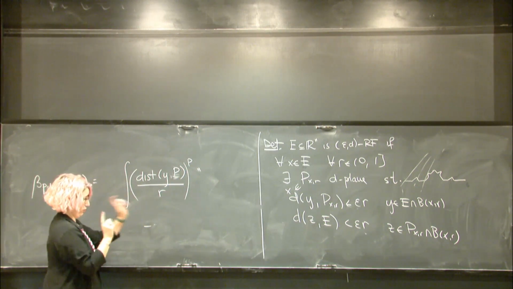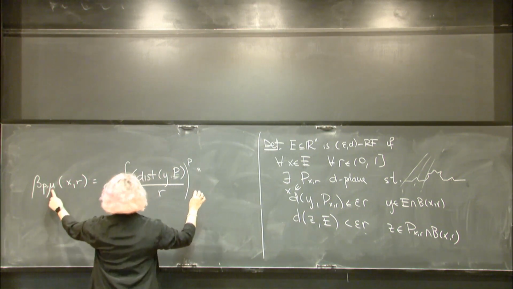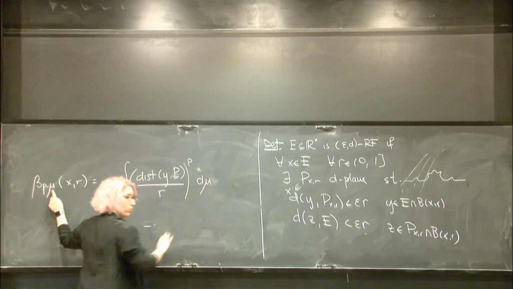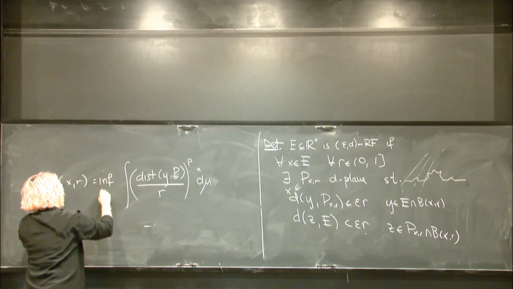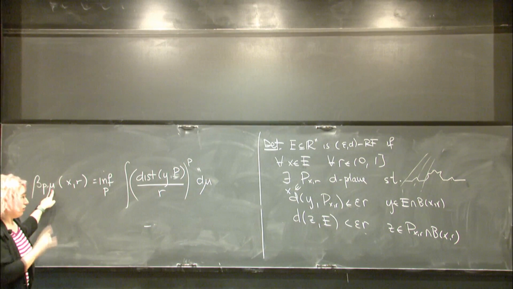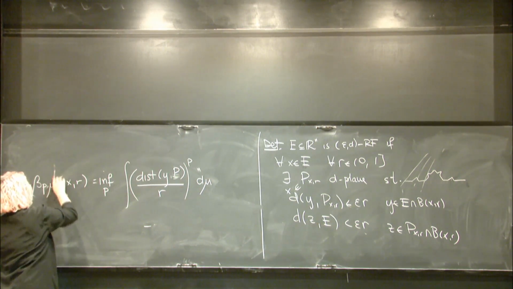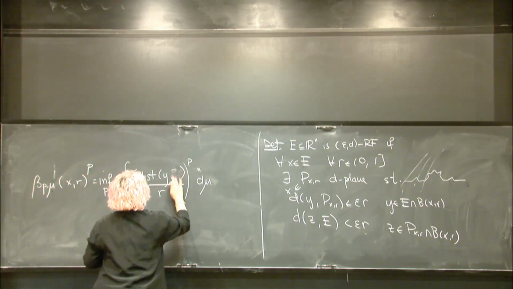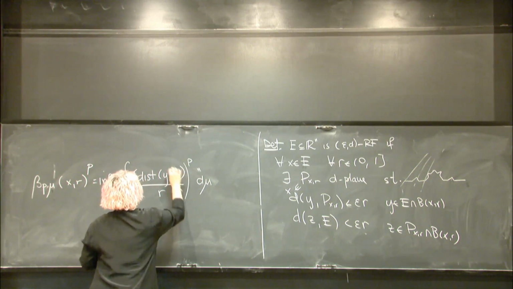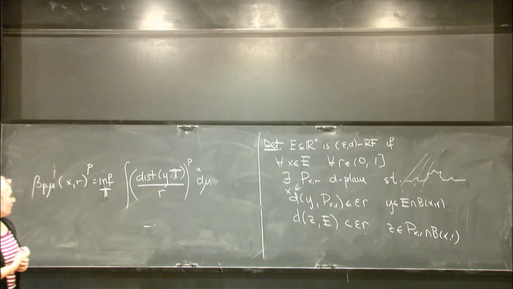Now I'm saying of mu, so I'm integrating in d mu. And now I'm going to take the best plane, but I didn't take an average yet. I'm going to put a power p here. Maybe for the plane you want to put pi.